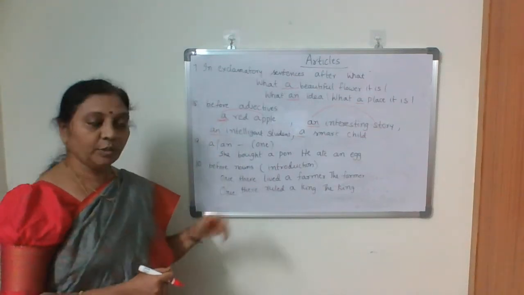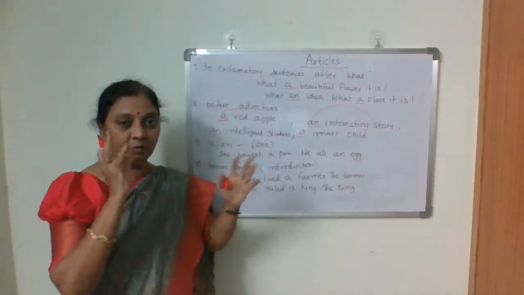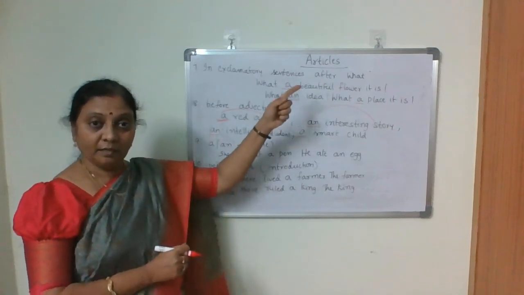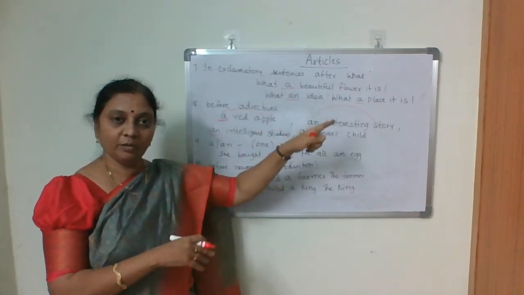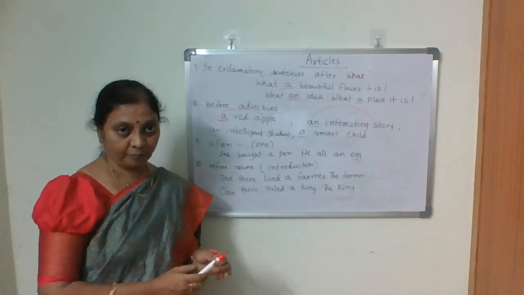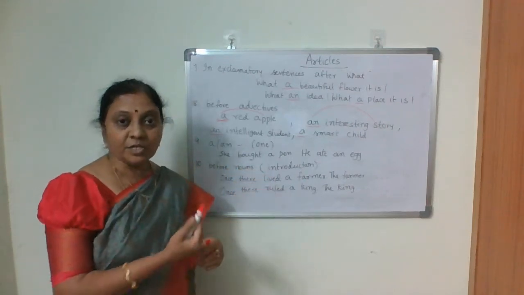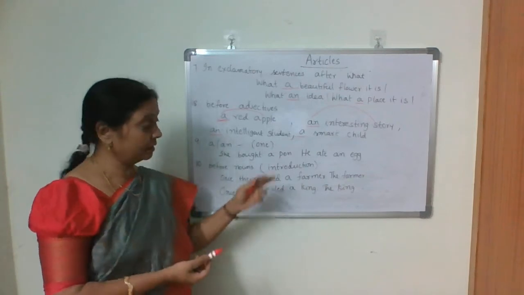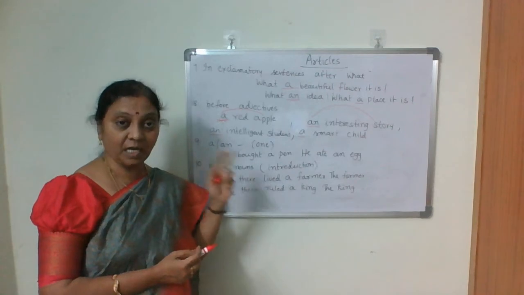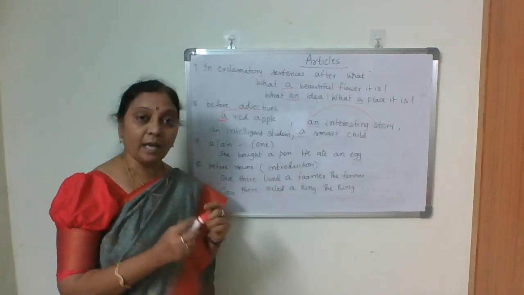Next one, we use a and an to indicate or represent one. Earlier we were using a and an for a whole group, but here it talks about only one thing. I have a pen, or she bought a pen. A pen in this case indicates one pen. She bought one pen, or she has one pen. He ate an egg.